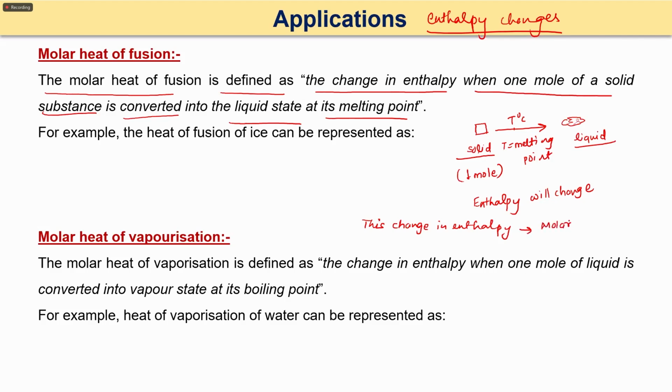Okay, so this change in enthalpy has a name and we call it the molar heat of fusion. Fusion, why? Because your solid is getting converted into the liquid. Heat, because there is a change in enthalpy, and molar because we are taking a particular mole of a substance. Okay, so this is what the change in enthalpy is, the molar heat of fusion in this case.